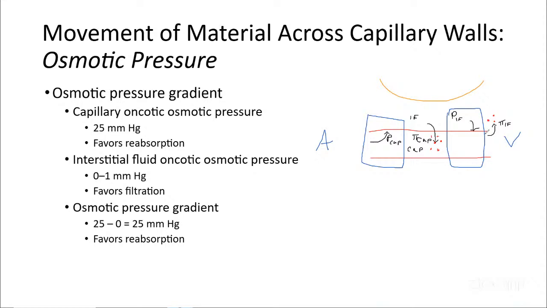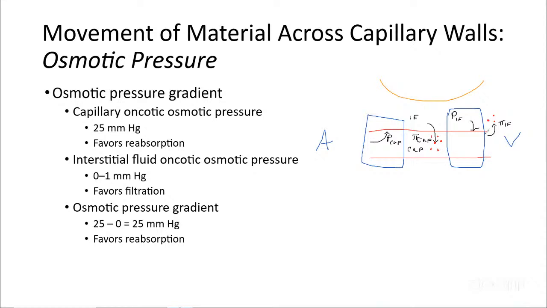Okay. So when we compare these, we're going to think about that capillary oncotic osmotic pressure not really changing. We're not going to be changing the number of proteins in the blood. They shouldn't be moving across the capillary wall. And we shouldn't really see changes to the oncotic osmotic pressure of that interstitial fluid either. We shouldn't have proteins moving around there much.